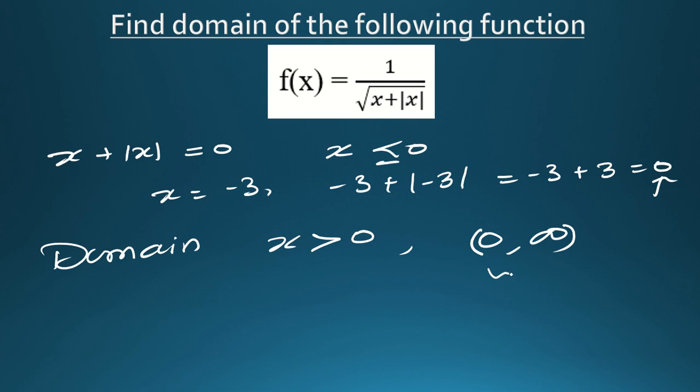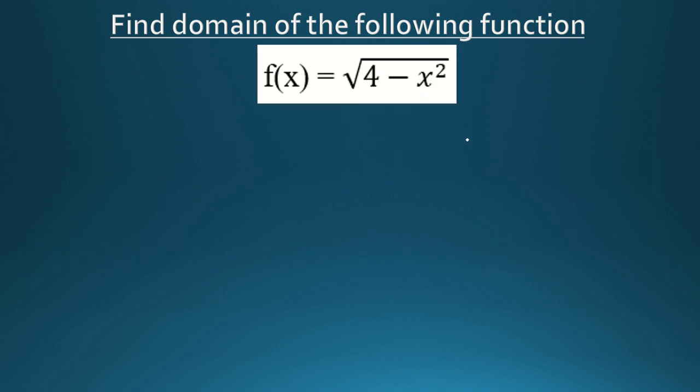Here I said that 0 to infinity is the domain, so you can put any positive value and you will see that the function will be defined. There will be no negative value which will satisfy this function. You can put some negative values also and you will check that for a negative number the function will not be defined.